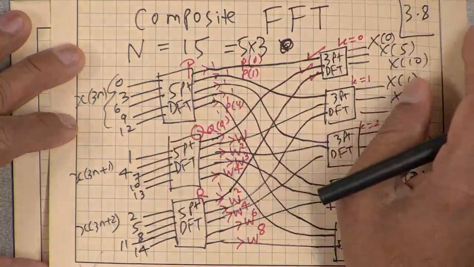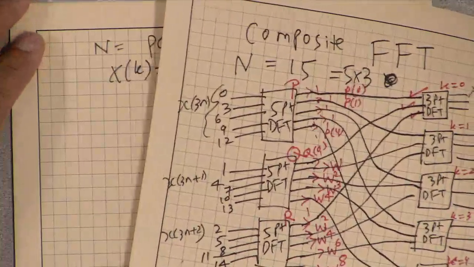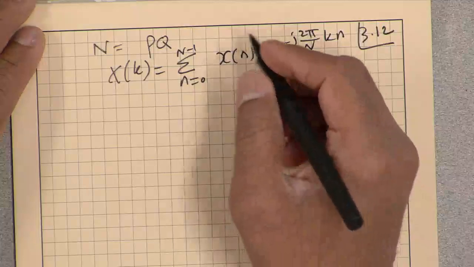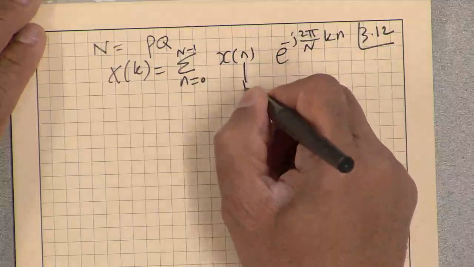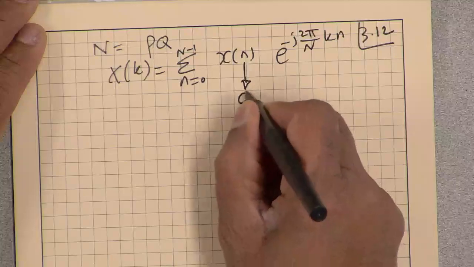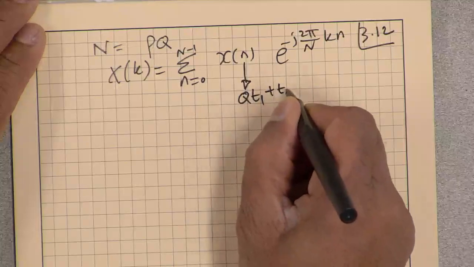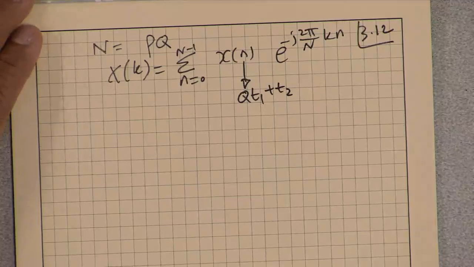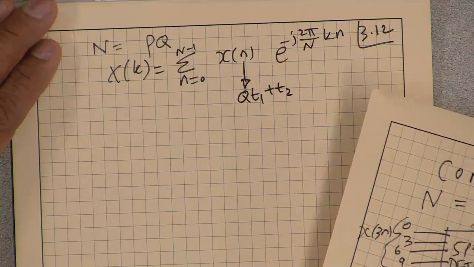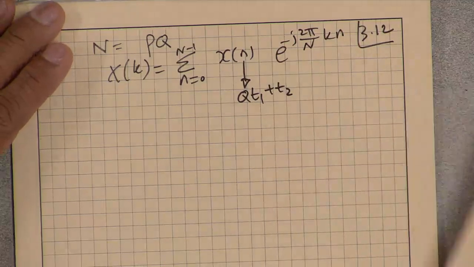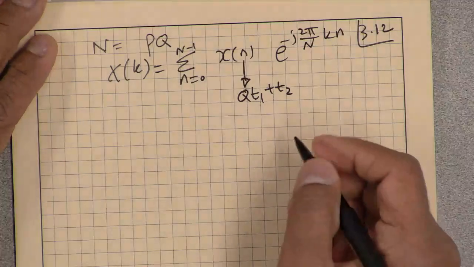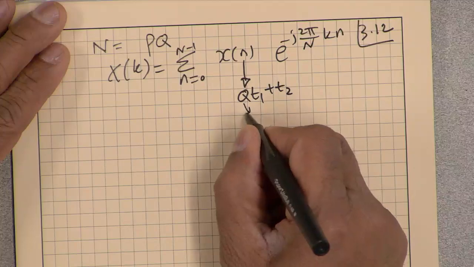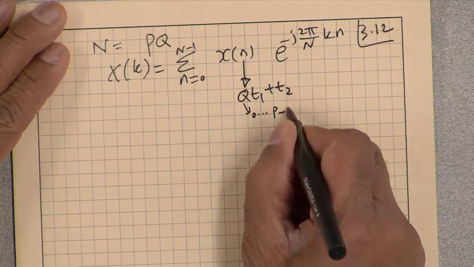So these first group of samples are going to be, if I just call this n, think about n written as q t1 plus t2. Okay, so q times t1 plus t2, where t1 goes from 0 to p minus 1.